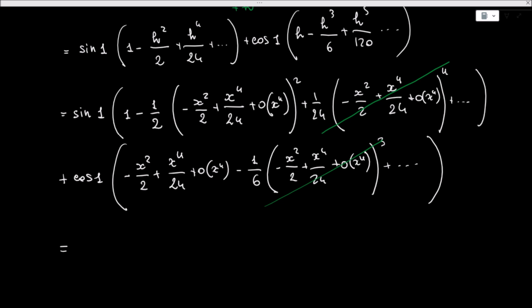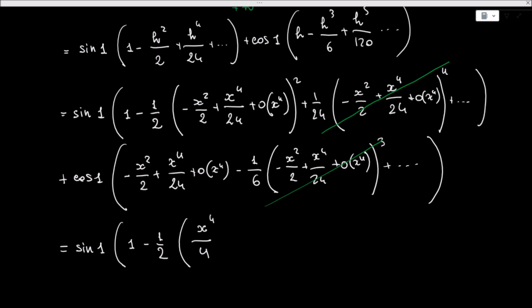so that we have this final expression, sine of 1 that multiplies 1, and we have minus 1/2. Let's see which term do we need to consider in this square. Well, the only term that will survive is x to the 4th divided by 4, because all additional terms have a power larger than 4.